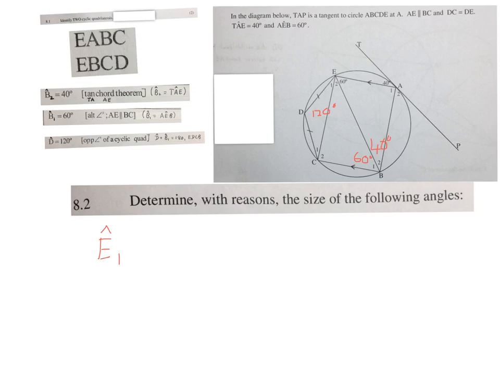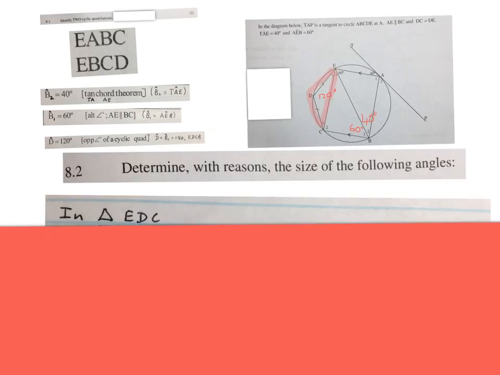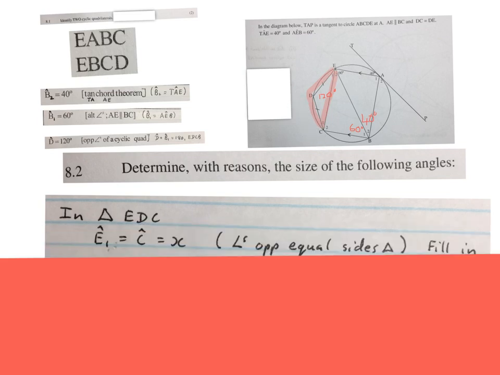Lastly, we have to find the size of angle E1, the angle up there. One way to answer it would be to start with triangle EDC, that red triangle. You can write angle E1 is equal to angle C, and we can give it a name x, angles opposite equal sides of a triangle, and we fill it in on the triangle.